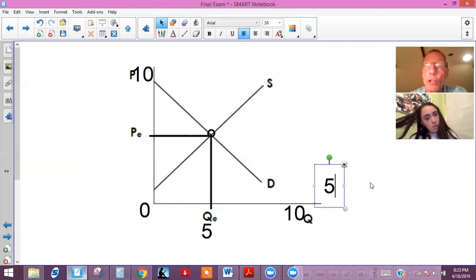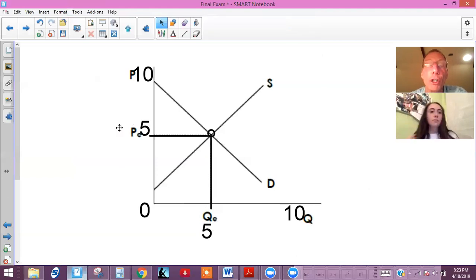So you're going to be close to unit elastic in this area. But now look, if we go up here, and we say we're moving from 9 to 10 in quantity.